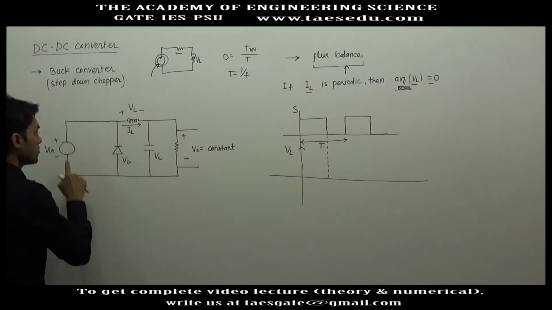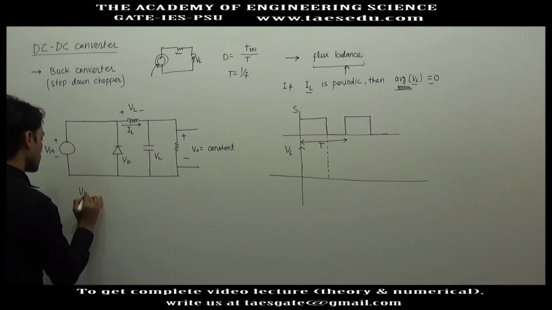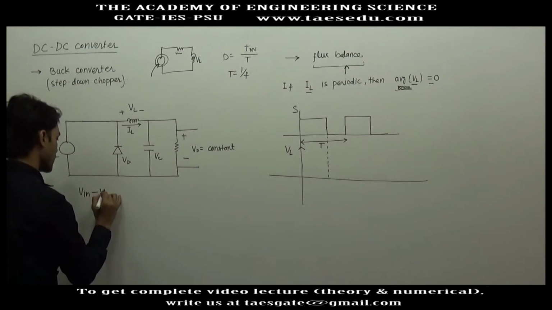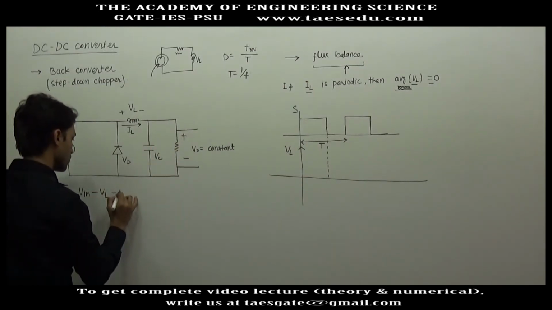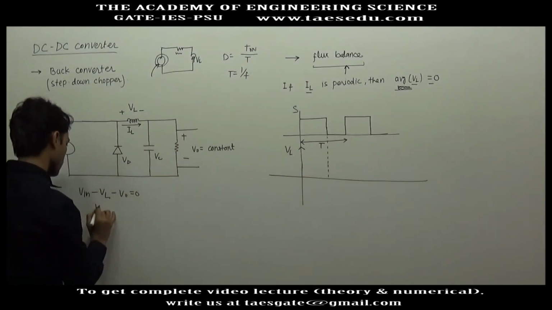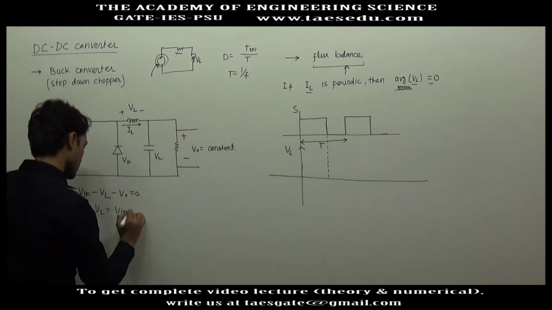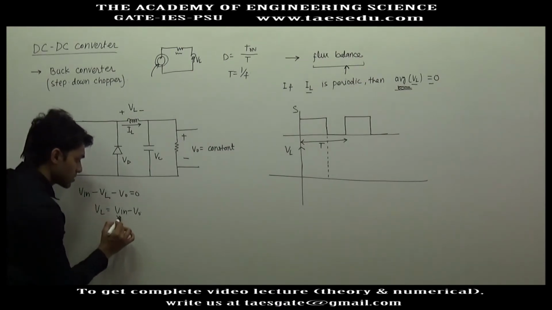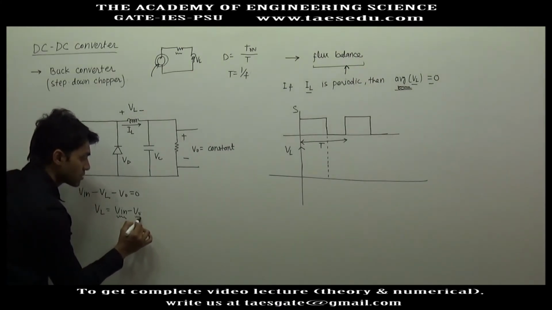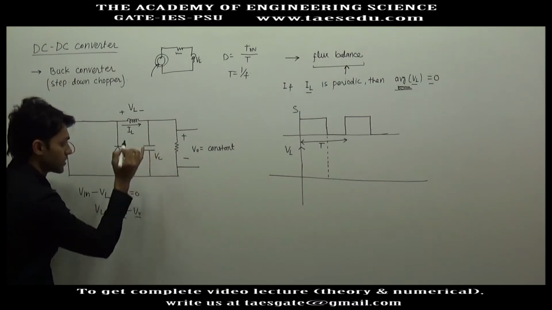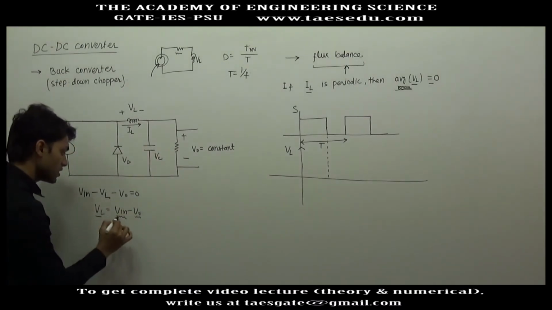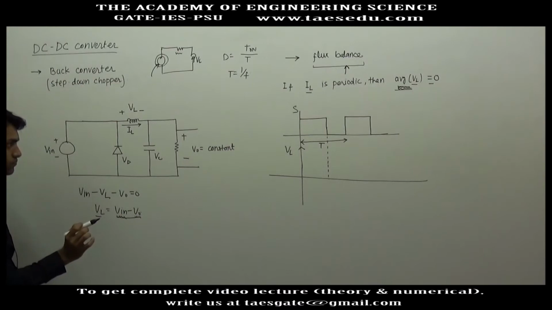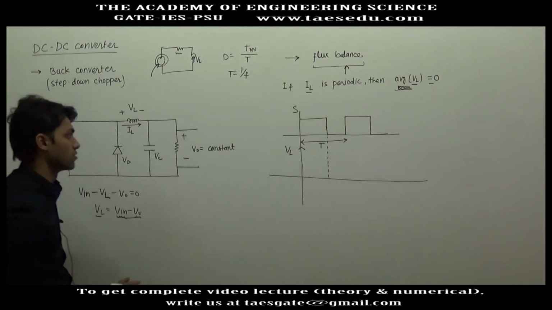If you move in this loop, here you have a gain of input voltage, here you have a drop of inductor voltage, and here you have a drop of output voltage. So VL is nothing but input voltage minus output voltage. And since input voltage is constant and output voltage is made constant by connecting a capacitor here, VL will be constant. Okay, so in the graph we will draw a constant line, and the magnitude of that constant line will be V input minus V output.